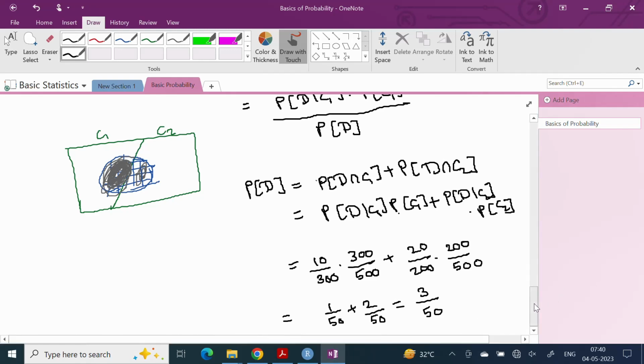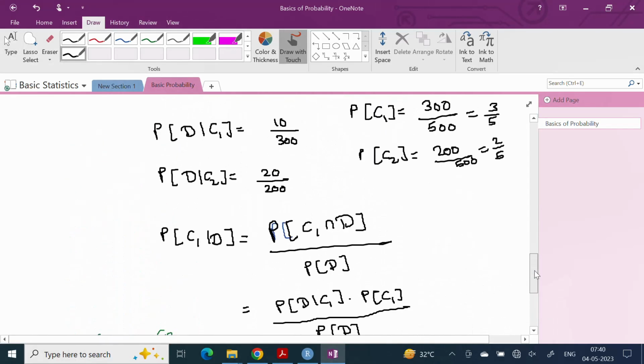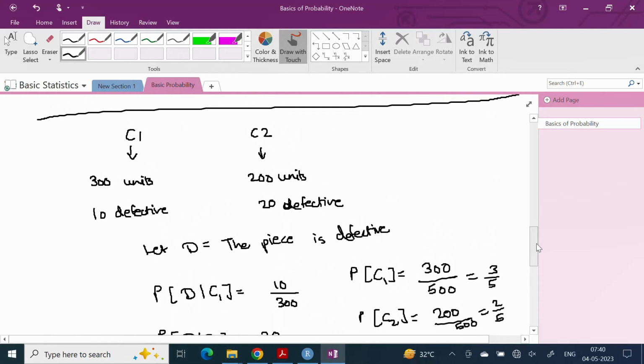There is another way in which I could reach this number. I could simply write probability of D as the total number of defectives divided by the total number of pieces. So the total number of defectives is 10 plus 20, that is 30, divided by 500.